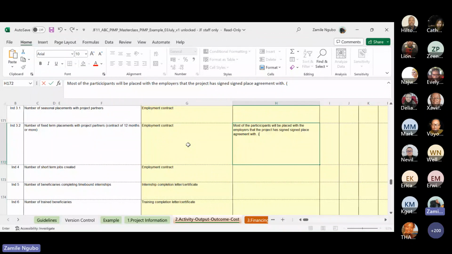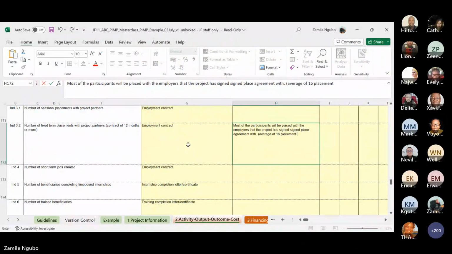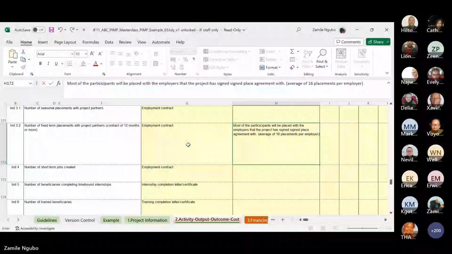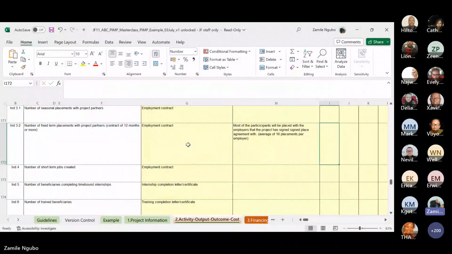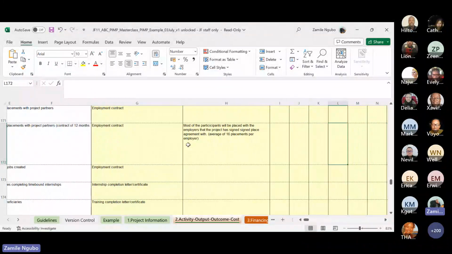And we are assuming an average of 16 placements because of the number. So this will take place during the 4th period of implementation.